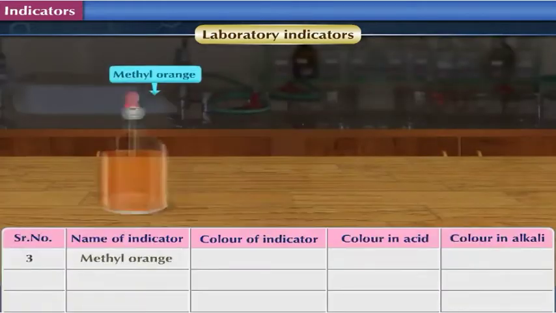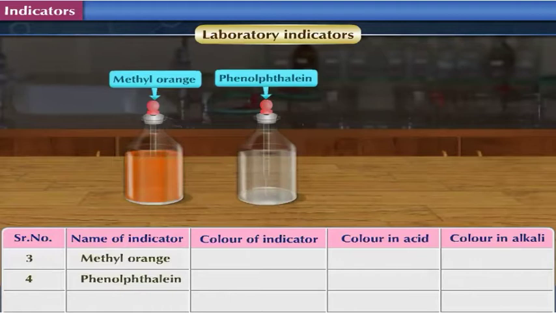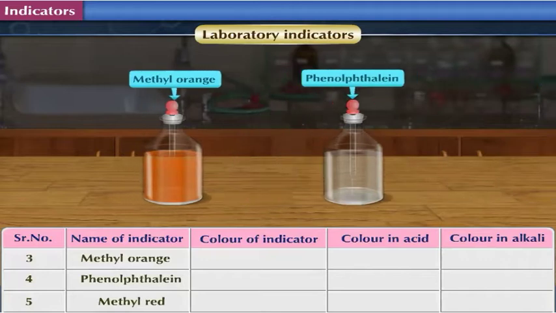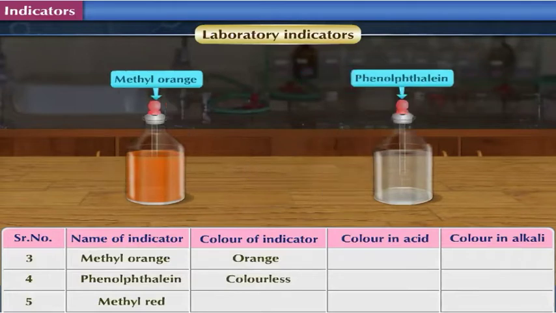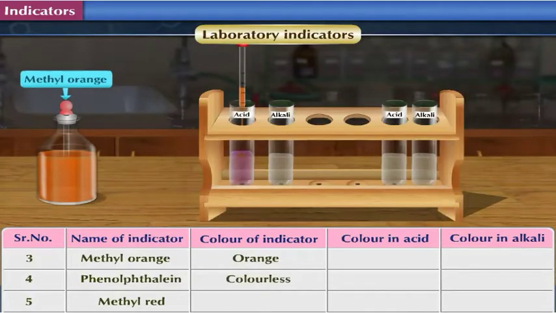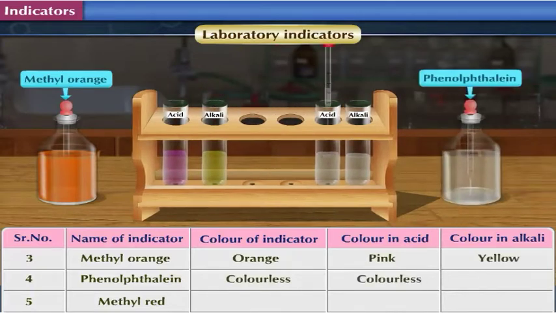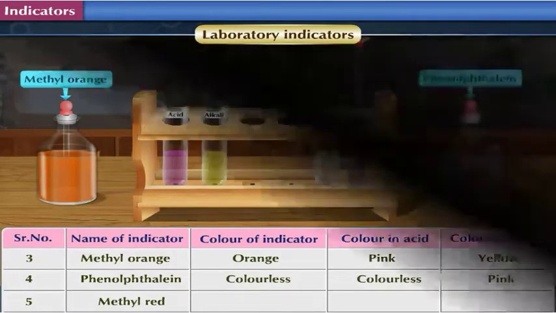Similarly, methyl orange, phenolphthalein, and methyl red are used in the laboratory in solution form. Methyl orange indicator is orange in color and phenolphthalein is colorless. Methyl orange indicator becomes pink in acid and yellow in alkali, whereas phenolphthalein remains colorless in acid and becomes pink in alkali.